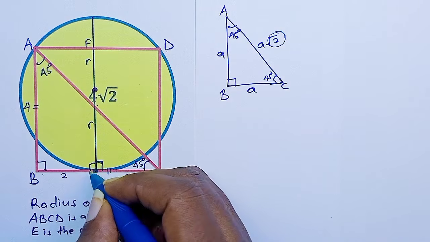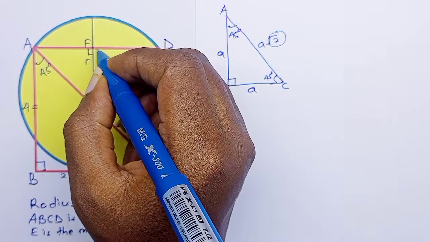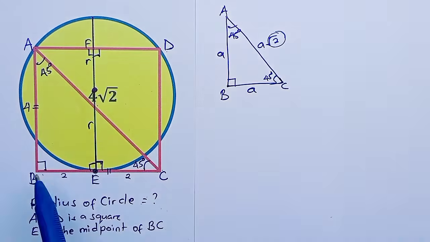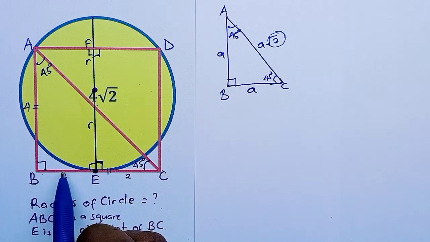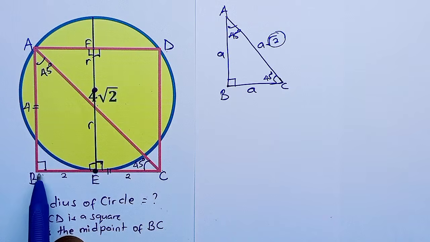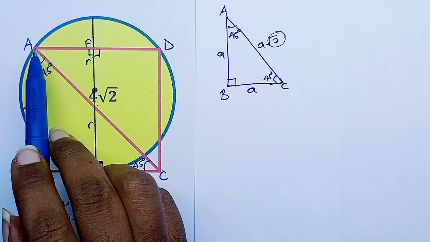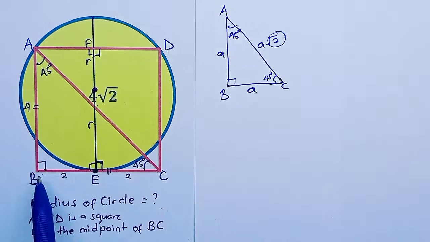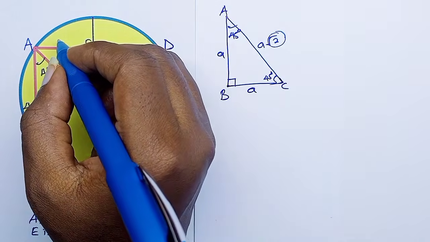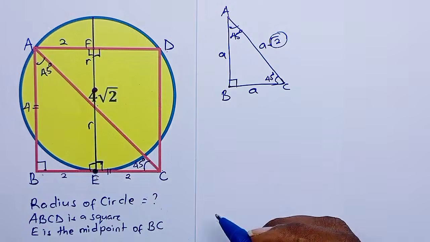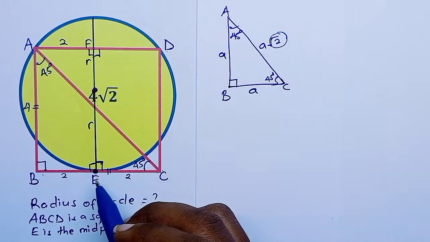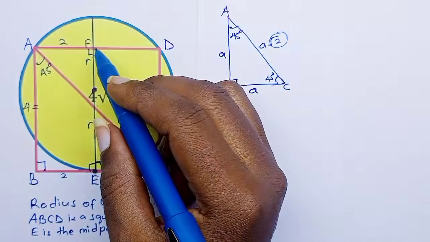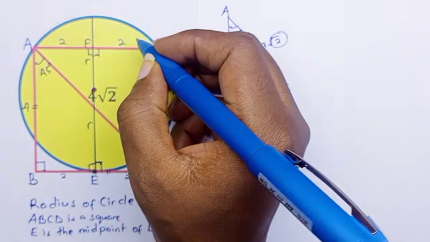So this is also 90 degrees. This is 90 degrees. So if this is a rectangle, remember, opposite sides of a rectangle are equal. So BE is equal to AF. Now since BE is 2, also AF is 2. And also since EC is 2, then FD is also 2.